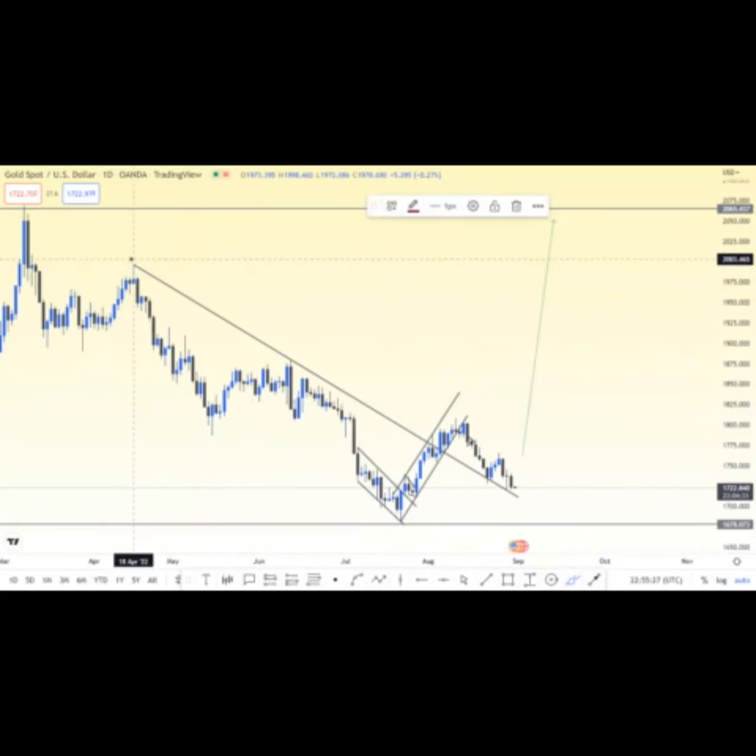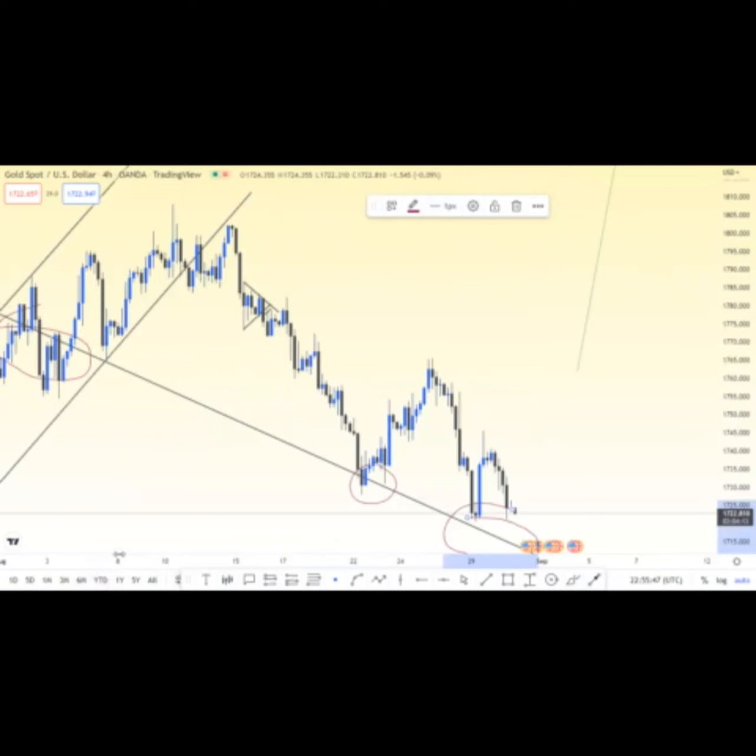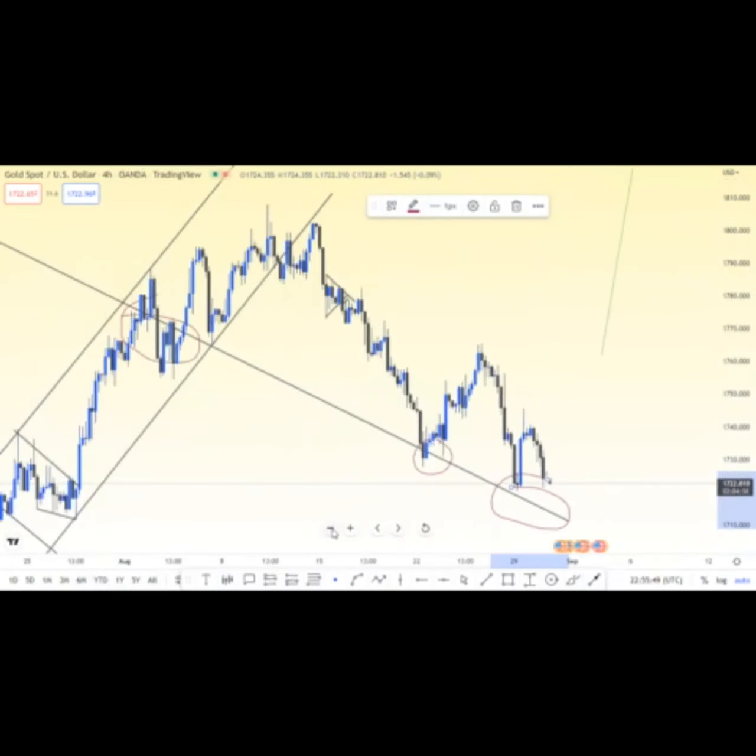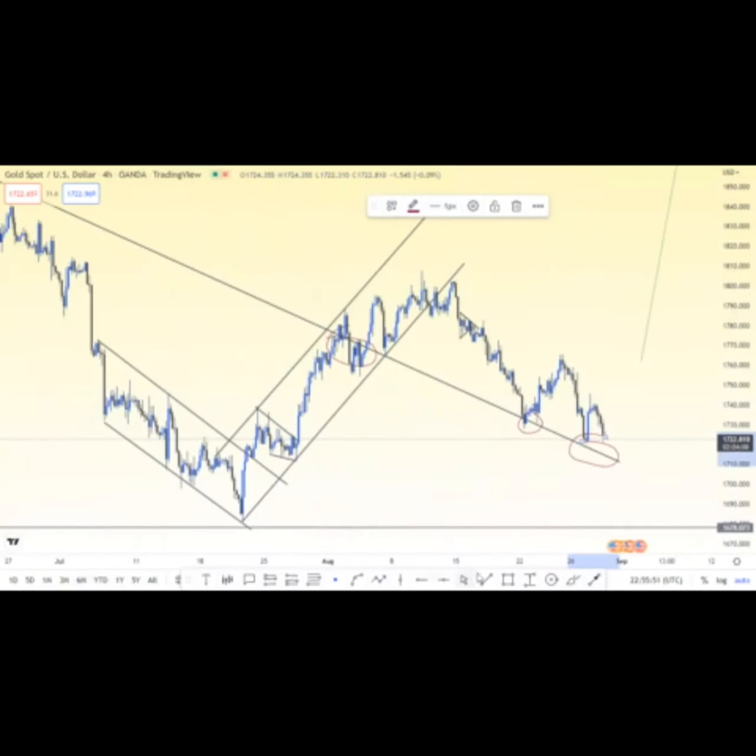So it's got the first touch. We got the second touch. Right. Broke structure. Now retesting this zone. You guys see that, right? So looking at the 4-hour now, just to get an overview of basically what this market is trying to do.